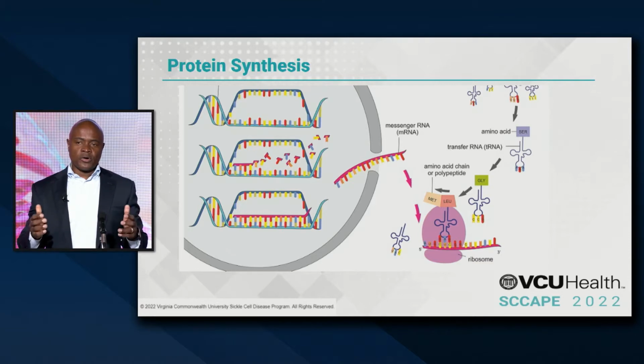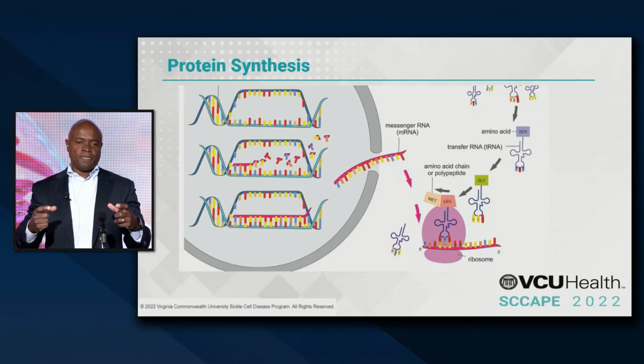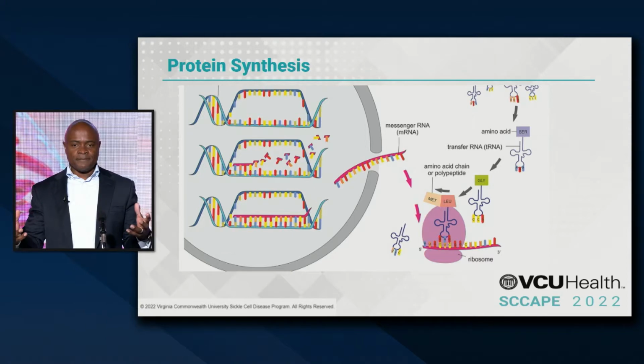And the way that occurs is that within our DNA, we have what are called nucleotides. So these are just nitrogen structures that sit touching each other, and they have a lot of information. They determine almost everything about the human body.